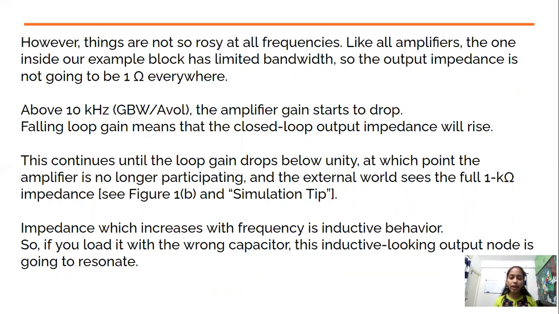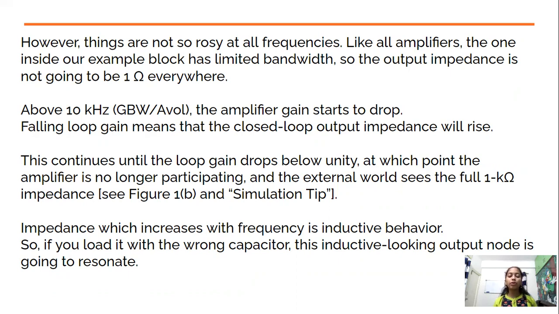Above 10 kilohertz, the amplifier gain starts to drop. Falling loop gain means that the closed loop output impedance will rise. This continues until the loop gain drops below unity, at which point the amplifier is no longer participating, and the external world sees the full 1K ohm impedance, an impedance which increases with frequency: inductive behavior.